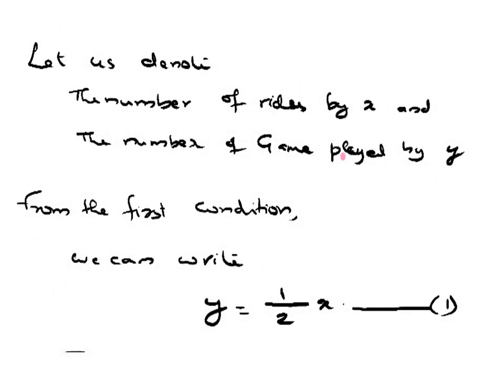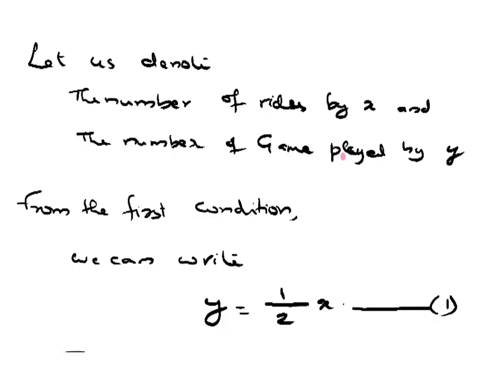Here, Akhila did two activities. One is the giant wheel ride and the other is the game hoopla. Let us denote the number of rides as x and the number of times she played hoopla by y. Then just go through the question.